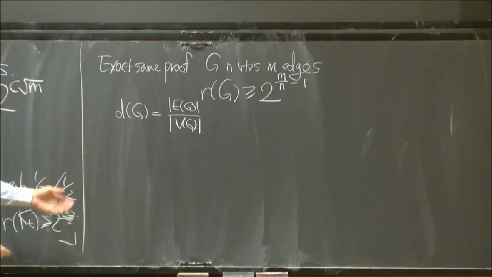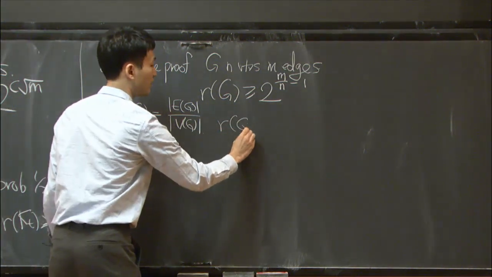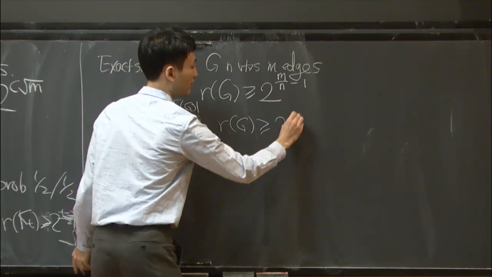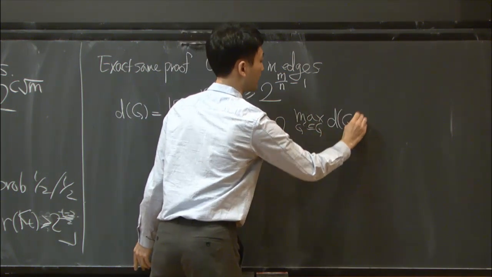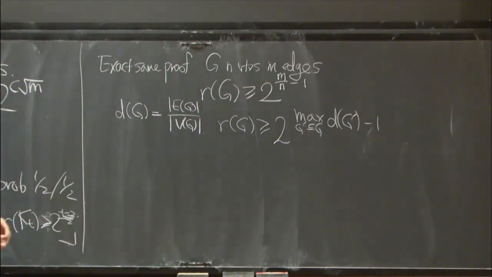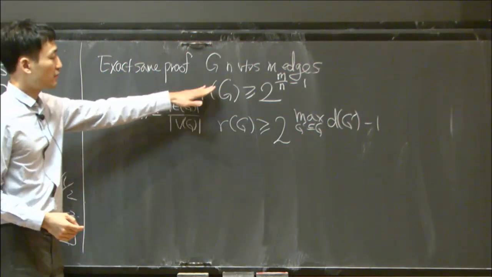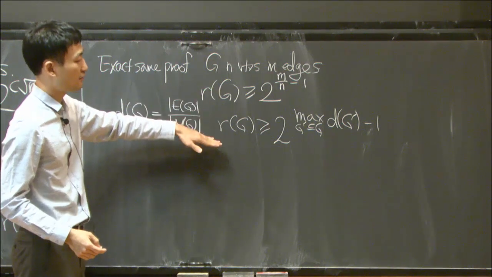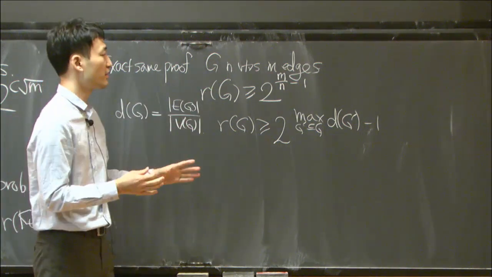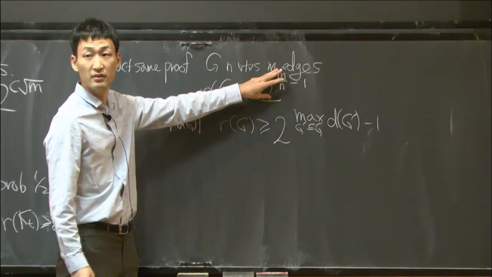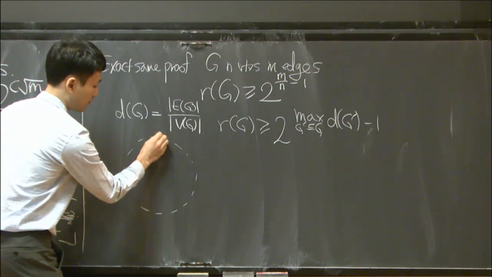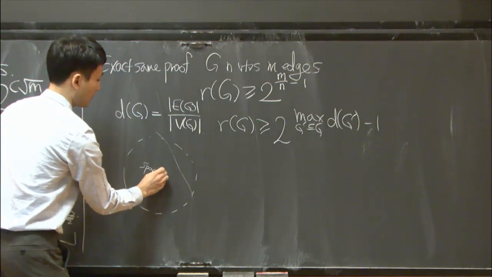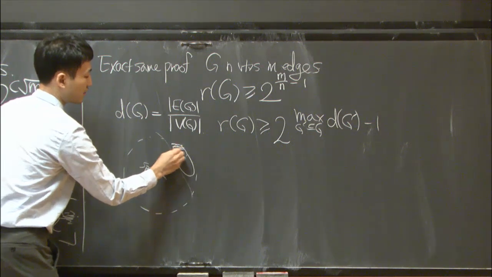We can actually do a little bit better than this bound. The Ramsey number of G is greater than or equal to 2 to the maximum over all subgraphs G' of G of d(G'), minus 1. Okay. This bound and that bound don't seem like a big difference, but you can easily cook up examples where this bound is a lot better. One example would be a graph where this part is all sparse, and you have a tiny part which is, let's say, complete.